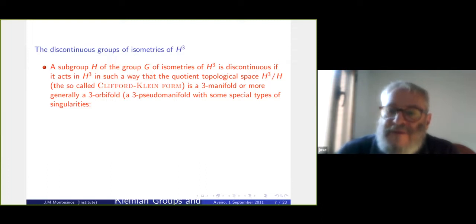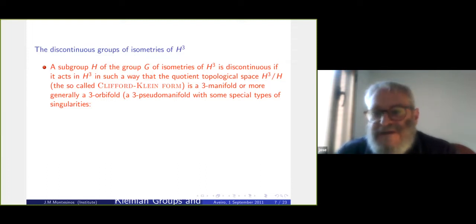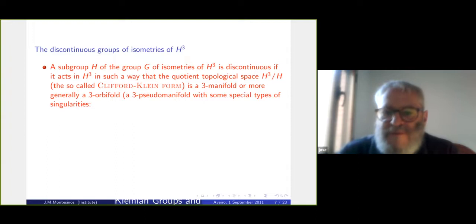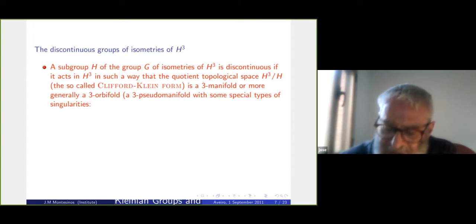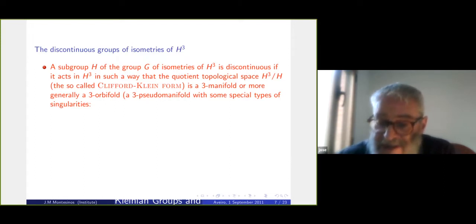That the other day we were talking about, in this case, three pseudo-manifolds with some special types of singularities. Remember what I said in my last talk. There are some singularities. In this case, the singularities form a graph that can contain isolated points.